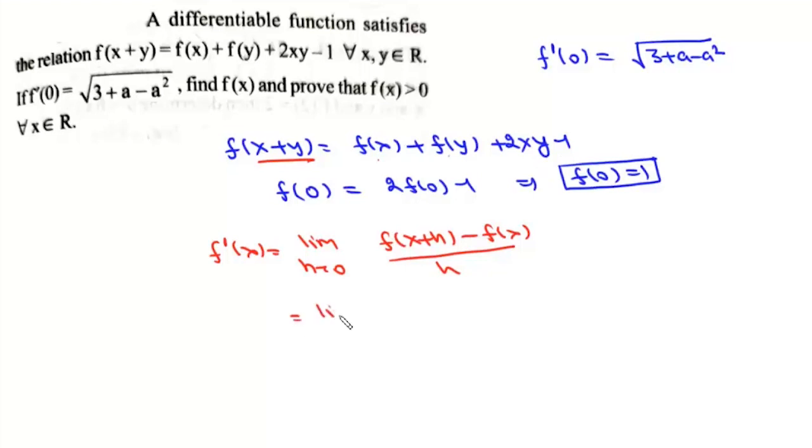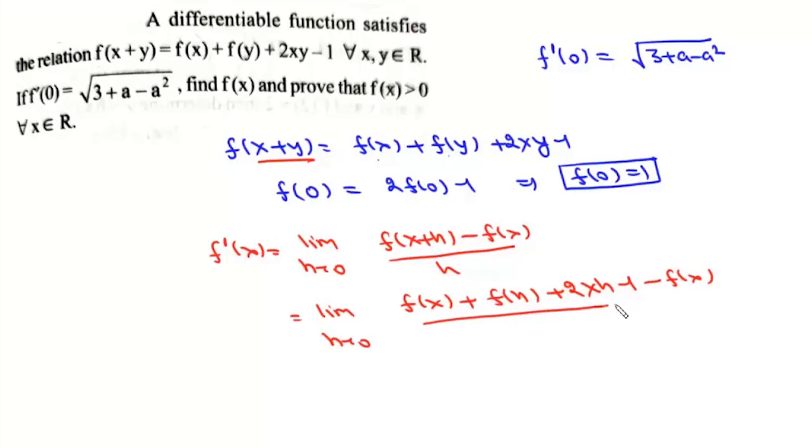So it will be this limit h tends to 0, f(x) + f(h) + 2xh - 1 and minus f(x), whole divided by h. Now this f(x) and f(x) will cancel.